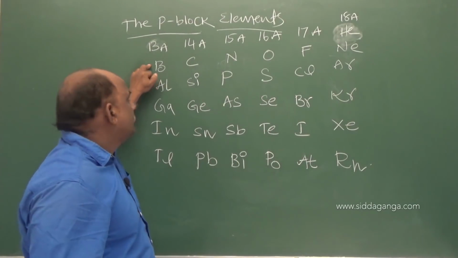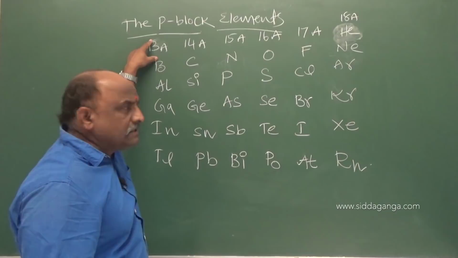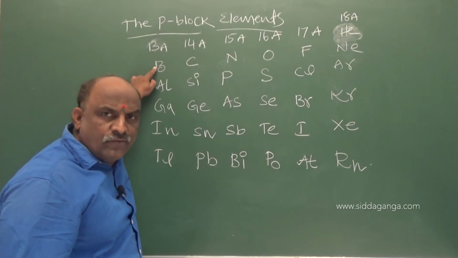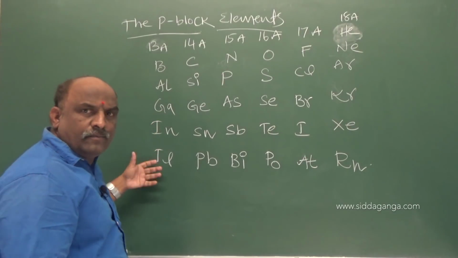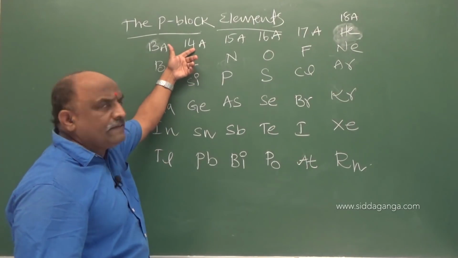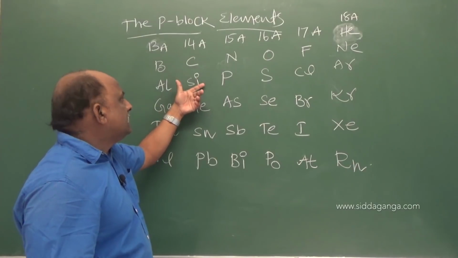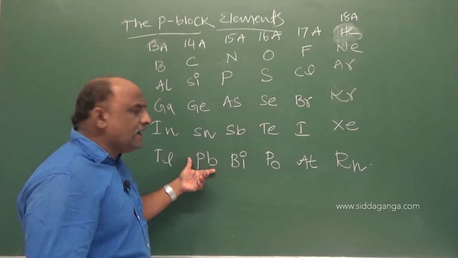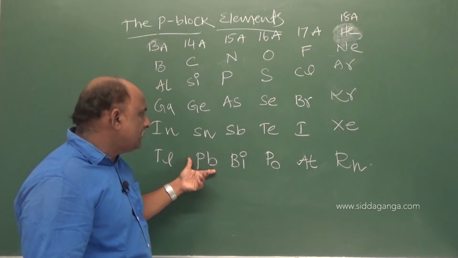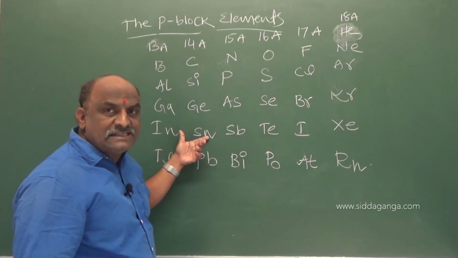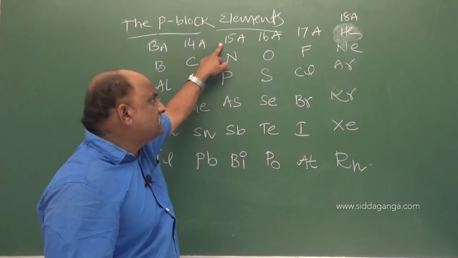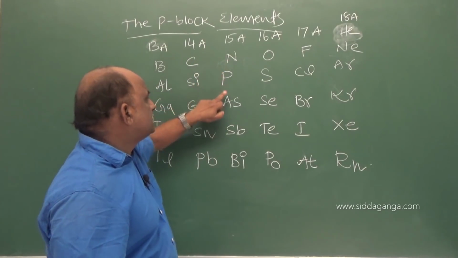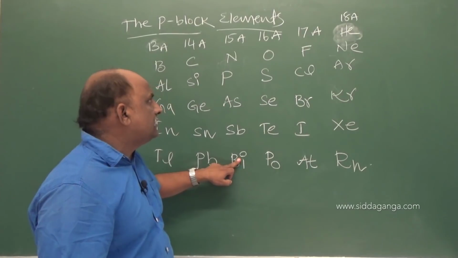The first P block elements, the 13th A group elements, are called the boron family: boron, aluminum, gallium, indium, thallium. While coming to the 14th A group: carbon, silicon, germanium, stannum, lead, also called tin. The 15th A group elements: nitrogen, phosphorus, arsenic, antimony, bismuth.